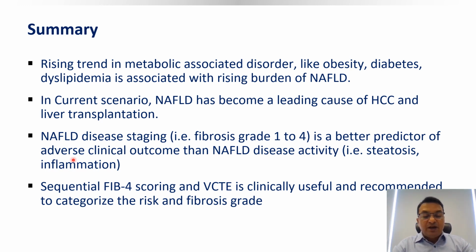For biochemical based scoring, we have FIB4 scoring, which is very simple, requiring only 4 parameters: age, AST, ALT, and platelet count. Go to your smartphone, Google it, and do the calculation. And then you have non-invasive imaging technology like transient elastography. For example, fibroscan is also nowadays available in our clinical practice to grade fibrosis.